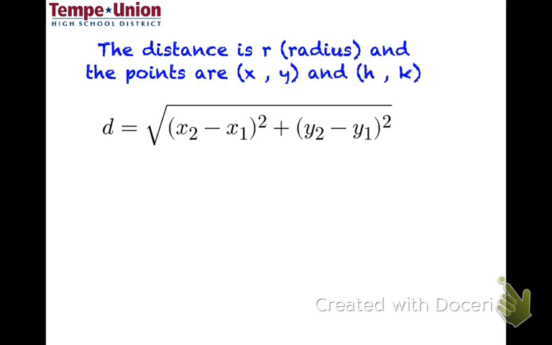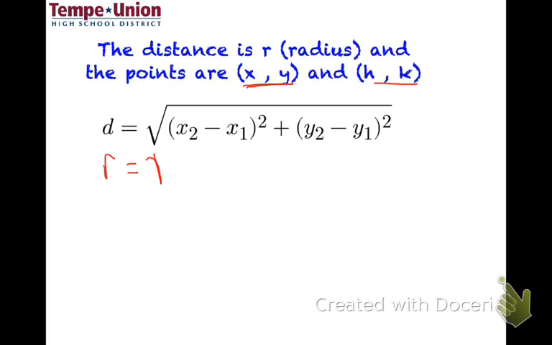Instead of x sub 1, y sub 1, and x sub 2, y sub 2, I'm going to use the center as one of the points, h, k, and then x, y is considered one of the points on the outside of the circle. So what should we plug in for the d? What is that distance? Correct, the distance would be r.